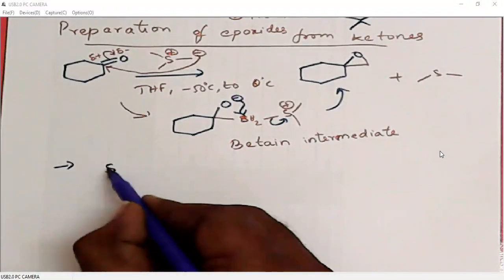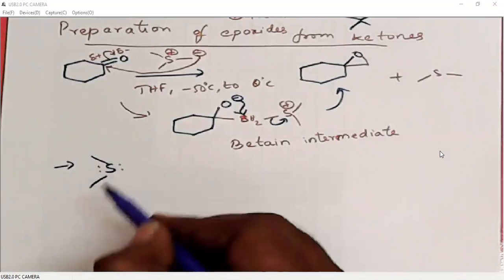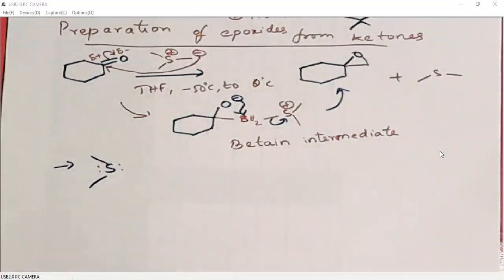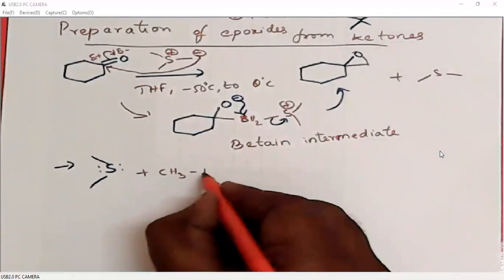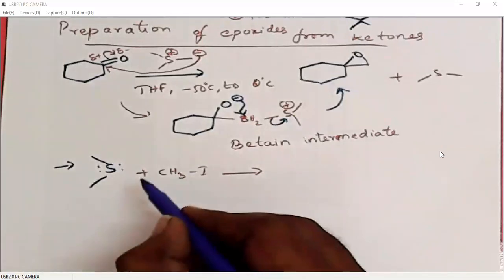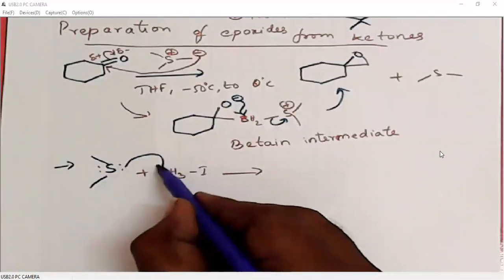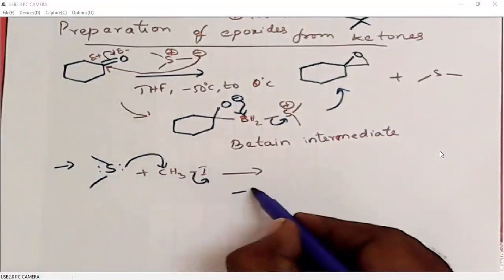How do we prepare this dimethyl sulfonium methylide? DMS can be methylated using methyl iodide, an alkylation of DMS. Sulfur being nucleophilic in nature, it will attack the methyl, and then the iodide ion will leave.